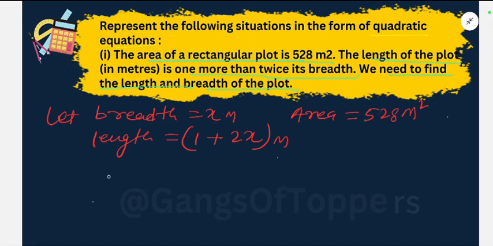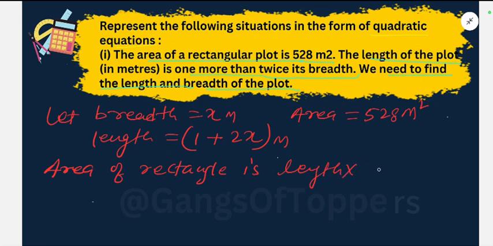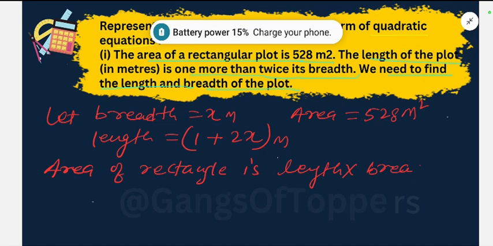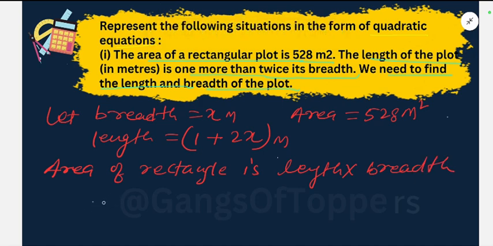Now we know the area of a rectangle is length into breadth, so length is 1 plus 2x into breadth is x, and area we have given 528.